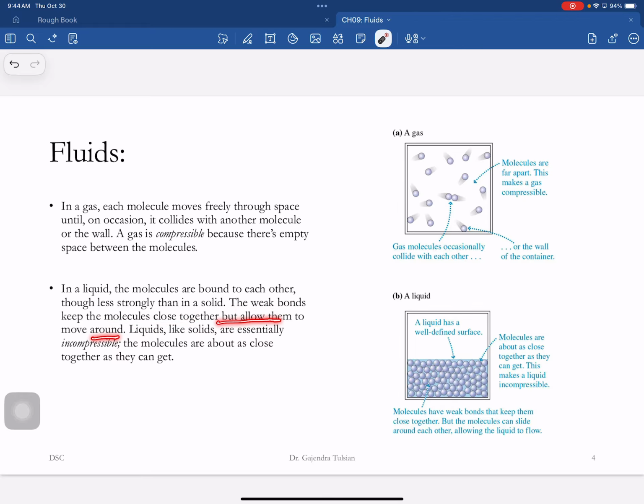A molecule in a liquid is always moving about. It's free to move, and the higher the temperature of the liquid, the faster they move. Liquids, like solids, are incompressible. There's no gap between the molecules to squeeze them.